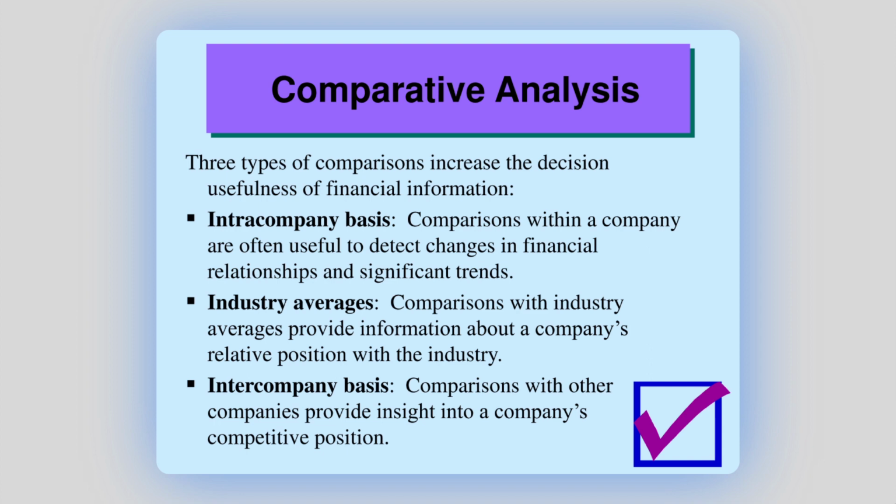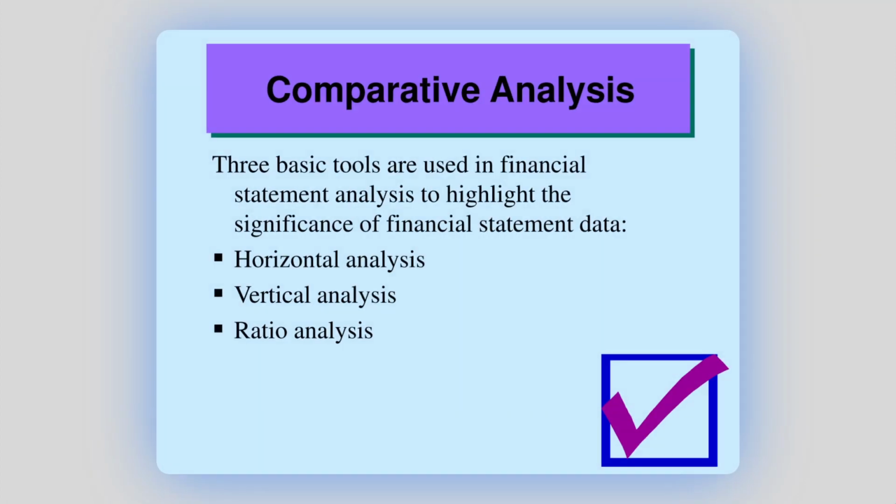Also, we will discuss the industry averages, which is the comparison with the industry average or the standards. And the last one is the intercompany basis comparison with the other companies, meaning to say, it is about your competitor. So we go first with this comparative analysis.